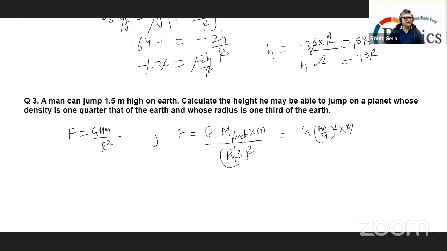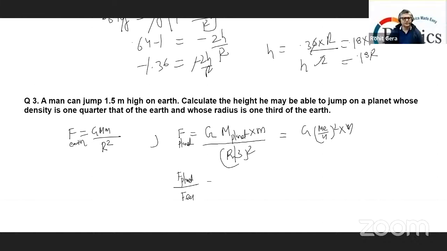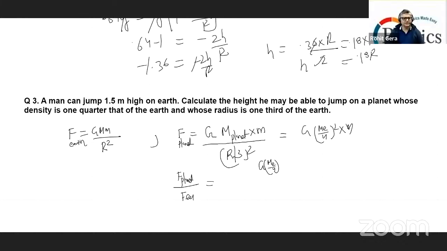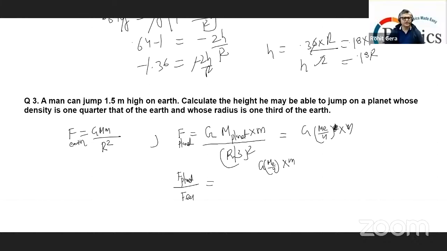So the force experienced on Earth is this much, and the force experienced on the planet is this much. So force planet upon force Earth can be written as G m planet is M/4. मतलब 9/16 कुछ आ जाएगा. नहीं, मेरे को ये लगता है G M² थोड़ा लेना था हमें. नहीं, शायद 9/4.